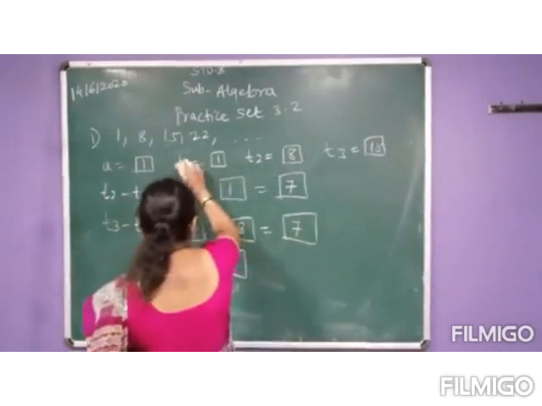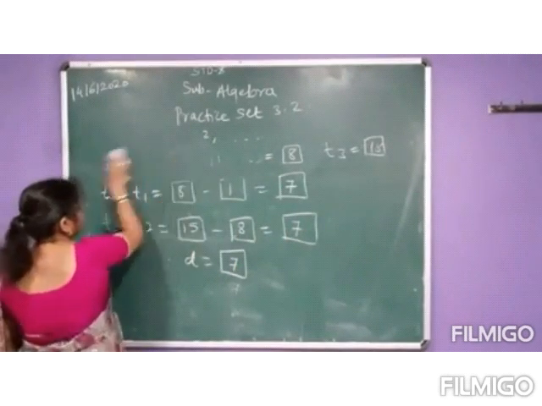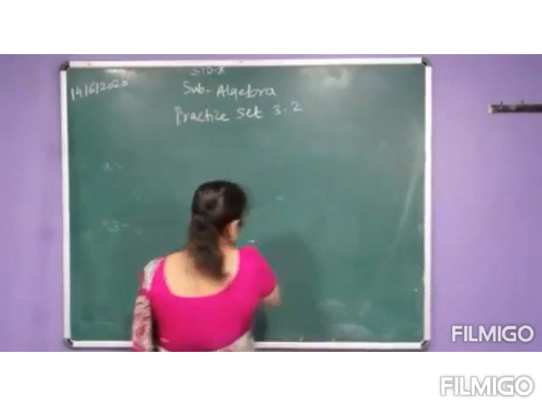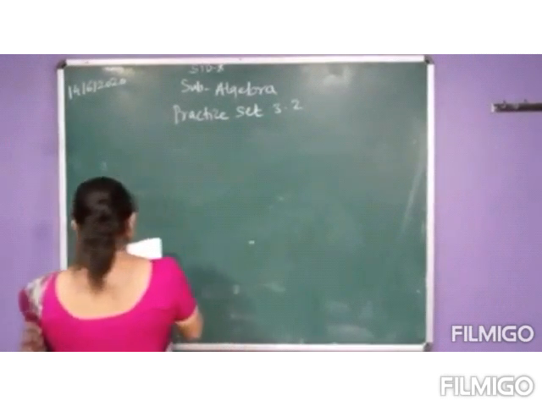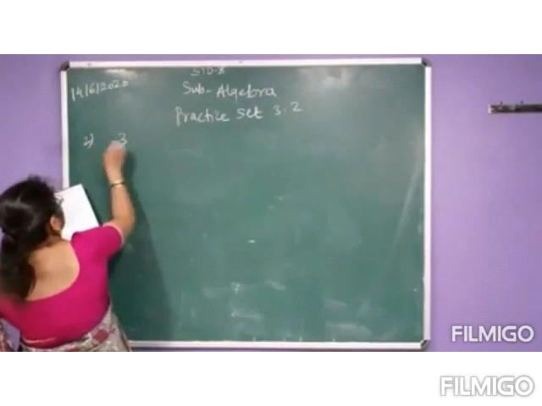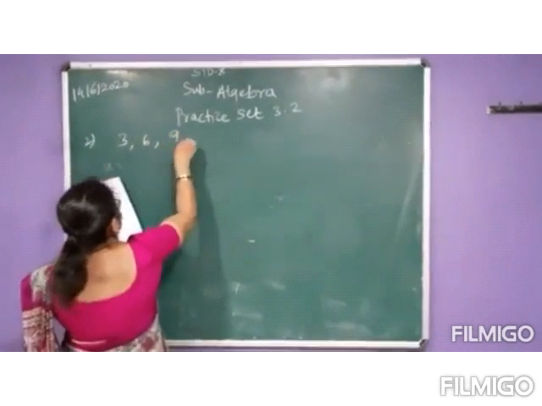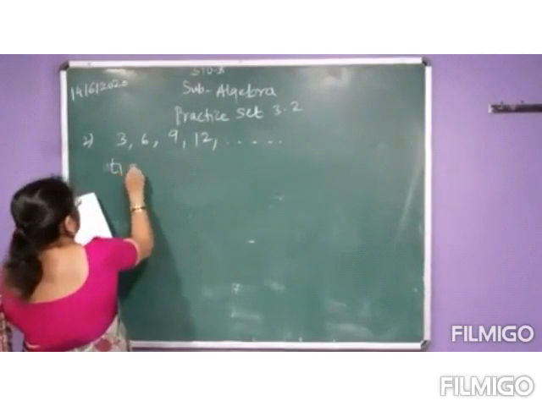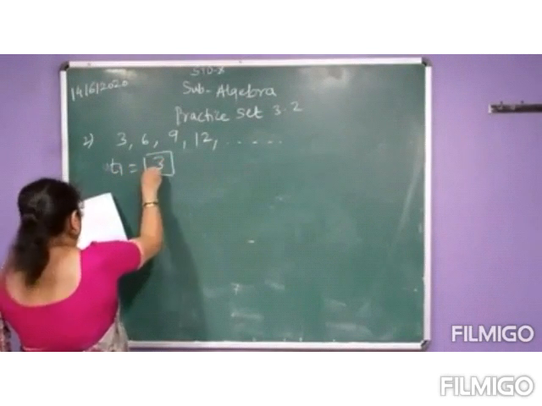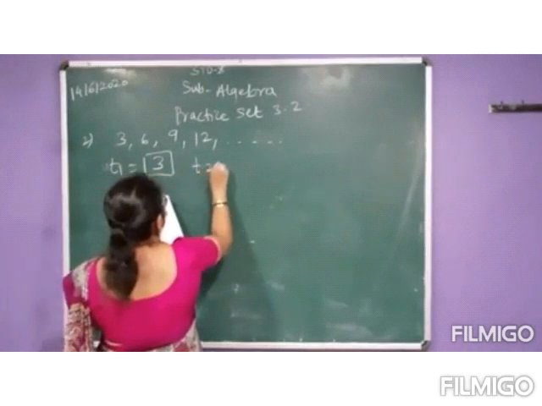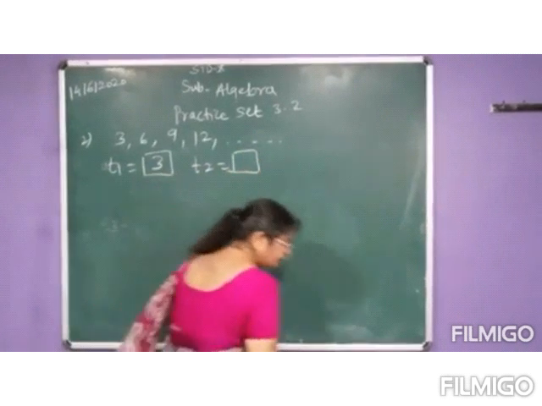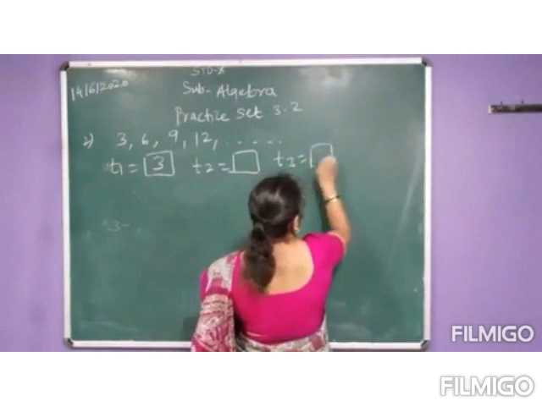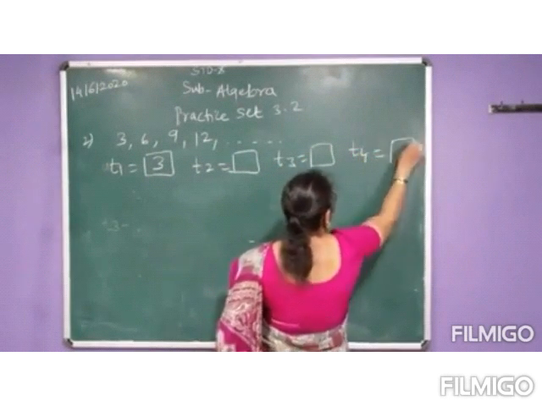Second one, this is the first example. Now second is 3, 6, 9, 12. Correct? So T1 is your box, 3. Correct? T1, T2, T3, T4.